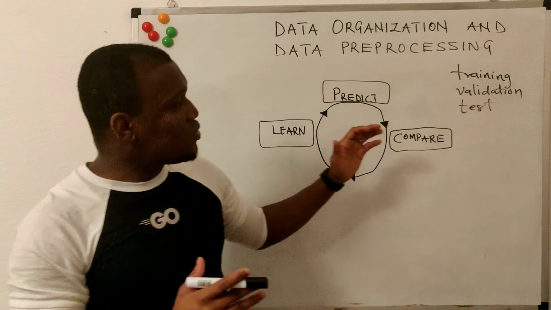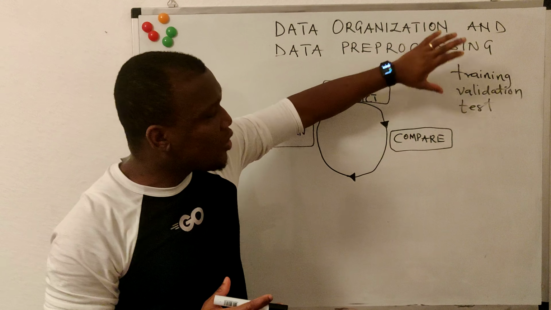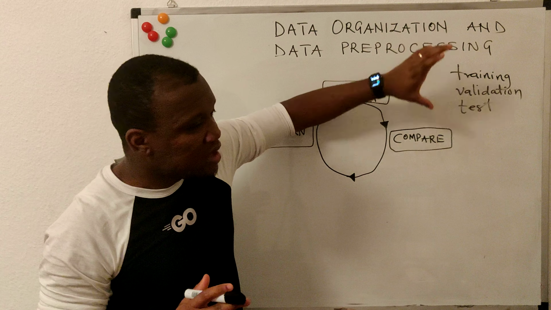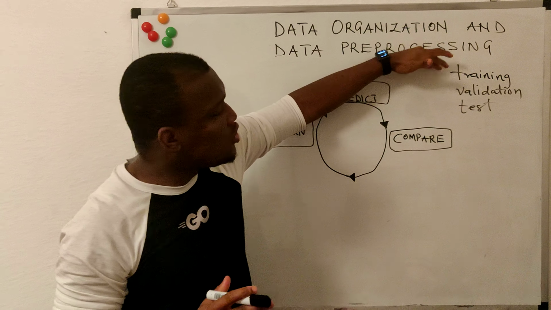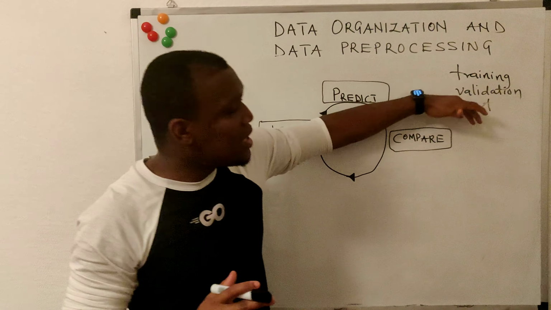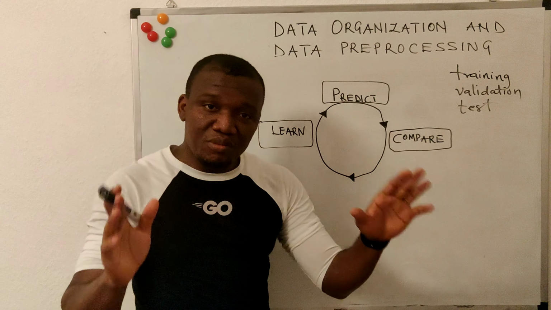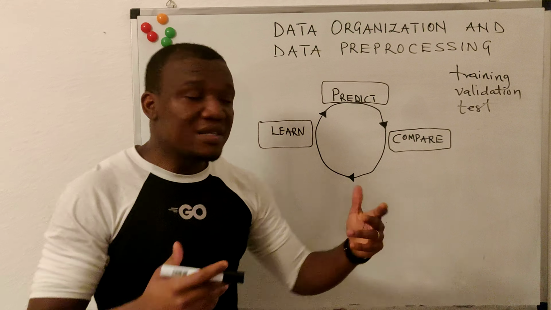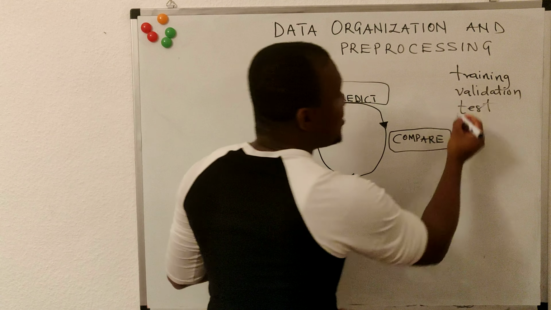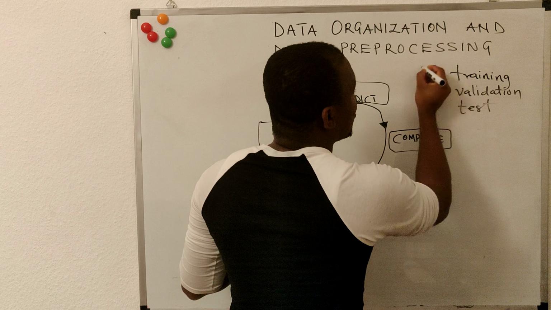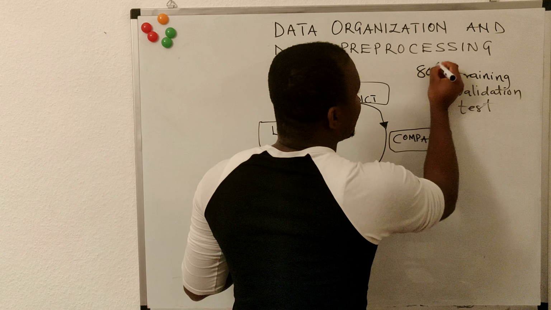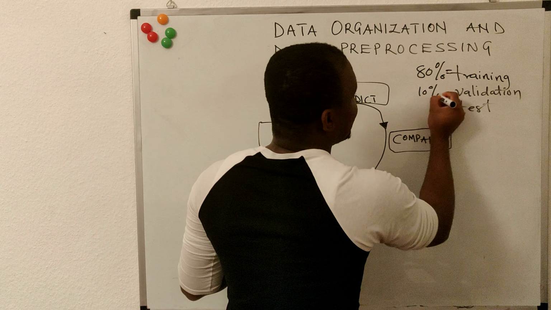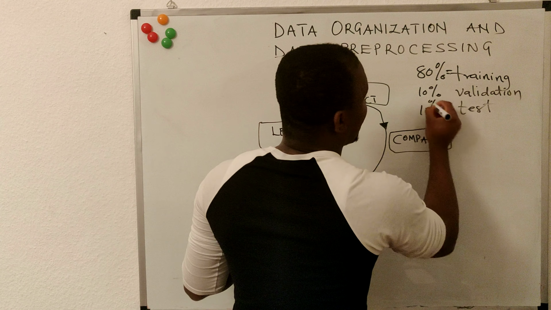So always remember, anytime you're doing training or you are building any solution with neural networks, you need to split into training, test, and validation. And there's a simple rule. There is no golden rule, but what I have found is that you can usually reserve maybe 80% of your data set for training, and then you use 10% for validation, and you use 10% for testing.